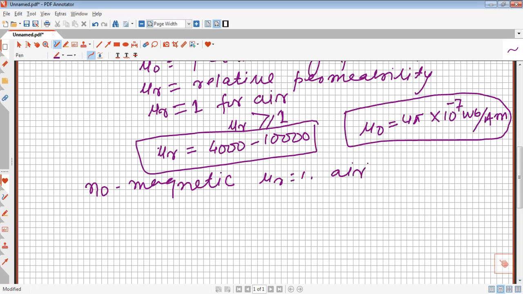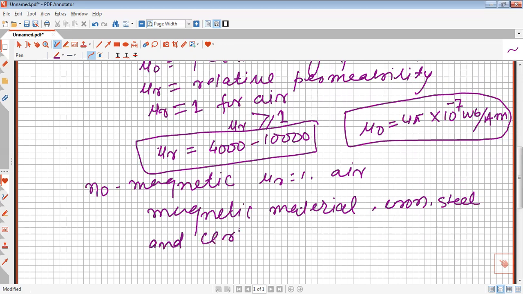And the magnetic materials, as I have told, are iron, steel, and certain alloys. These are the magnetic materials which we will study in detail in coming lectures.